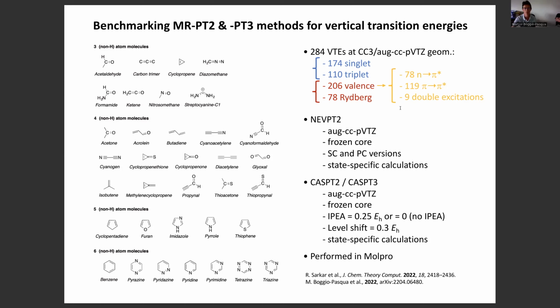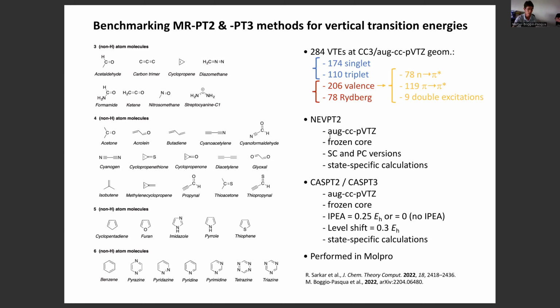So we have performed different flavors of multi-reference perturbation theory. We have used NEVPT2 with the augmented cc-pVTZ basis set and the frozen core approximation. And we have used two different versions, the strongly contracted and the partially contracted versions of NEVPT2.